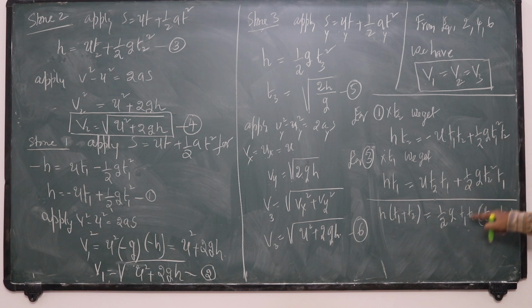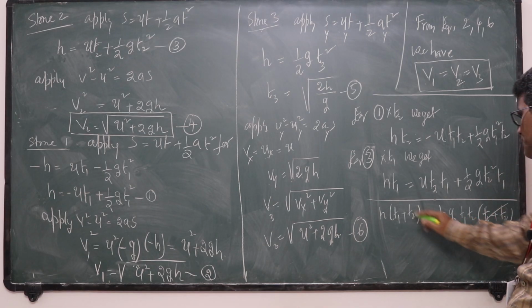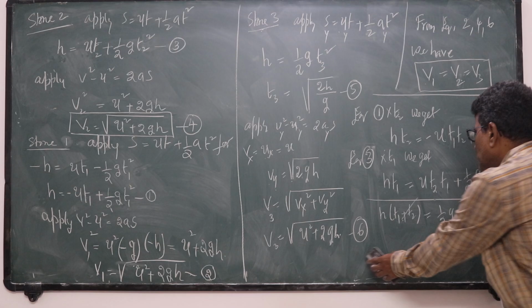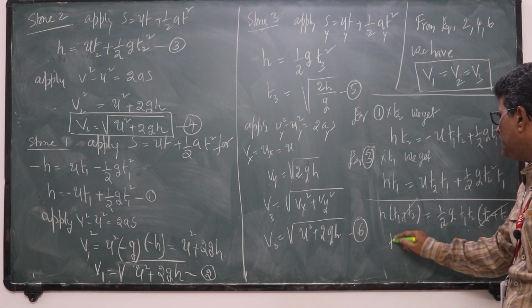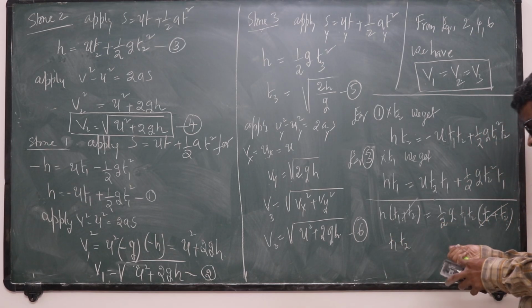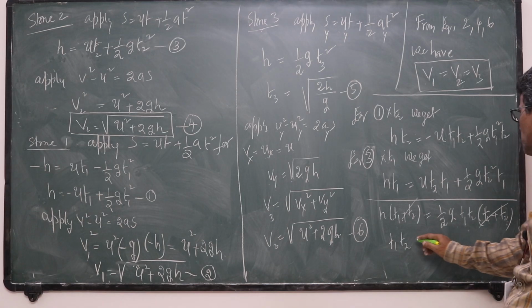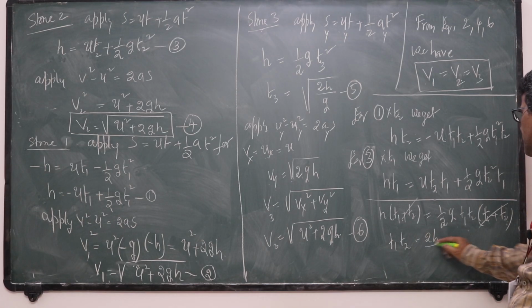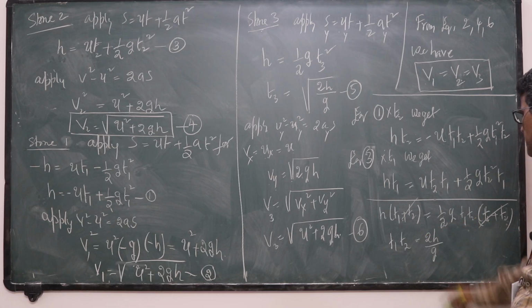In that half G T1 T2 you take it as common. Here you will get a T1, here you get a T2. So here T1 plus T2 get cancelled. So what you will get? T1 T2 is equal to 2H by G.